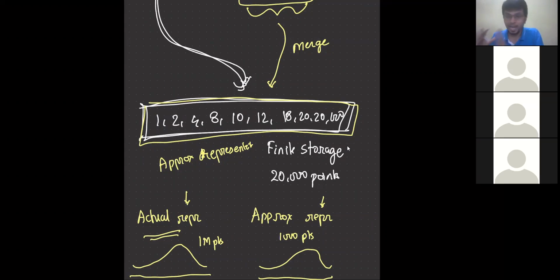The calculation on this approximate representation will be faster, because here I'm dealing with just 1,000 points. On the actual, it will suffer, because here it's 1 million points. Tomorrow it will be 2 million points, and then 1 billion points. This is the problem. How will we ensure that the actual representation of my data is the same as my approximated representation?